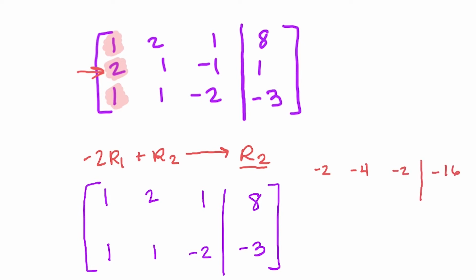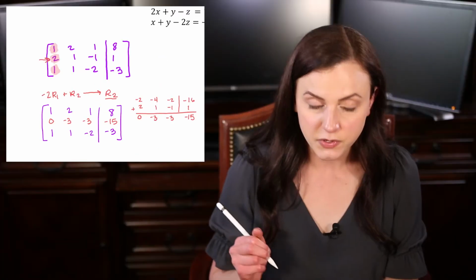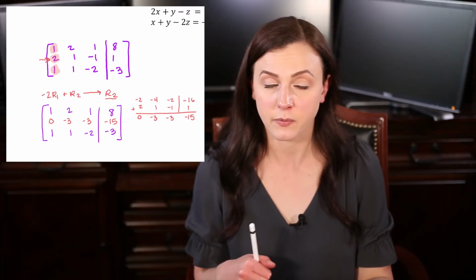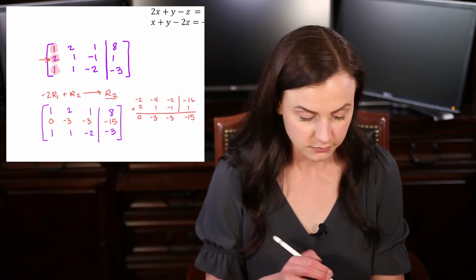And I want to add that to row 2. And row 2 is 2, 1, negative 1, 1. So I add these rows together and I get 0, negative 3, negative 3, negative 15. And that is my new row 2 that I'm going to stick in this matrix. So now we are one step closer to where we want to be. We have a 1 in the top left and a 0 below it.